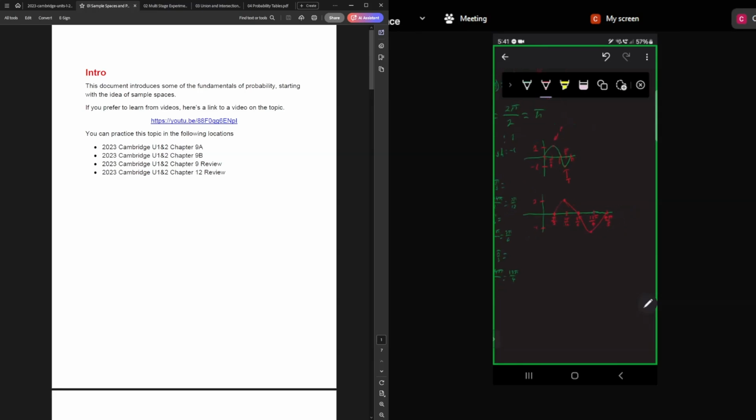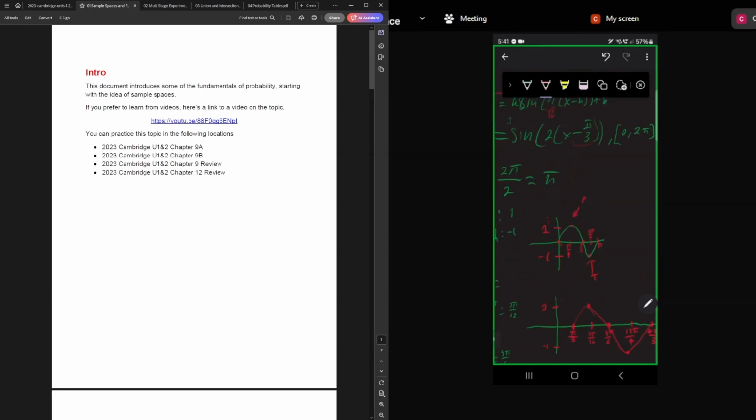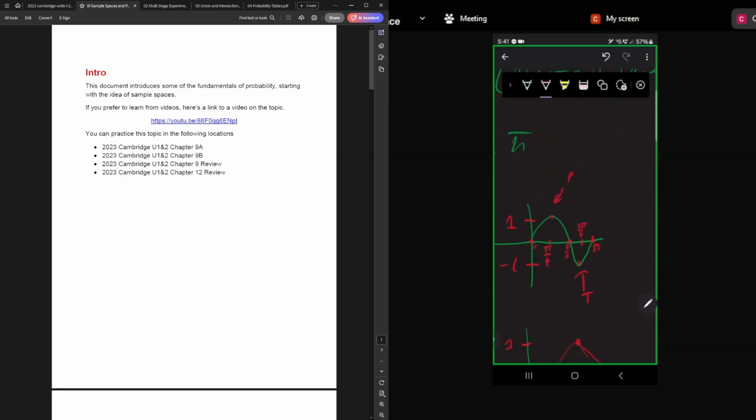Basically, what we're trying to achieve is finding all the key features of our peaks, troughs, middles, that sort of thing. And we know that they always occur at quarter periods from each other. And so, in the absence of any horizontal translations, you normally start at 0, end at the period, and then do your quarter up to get all these key features. Is that bit fine?